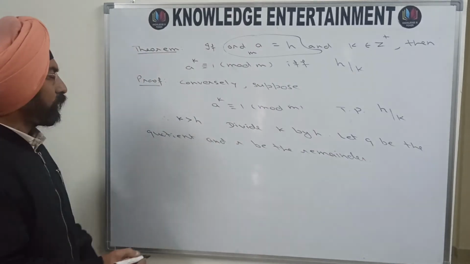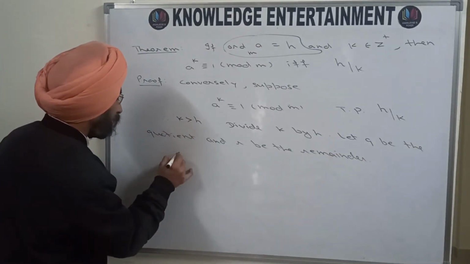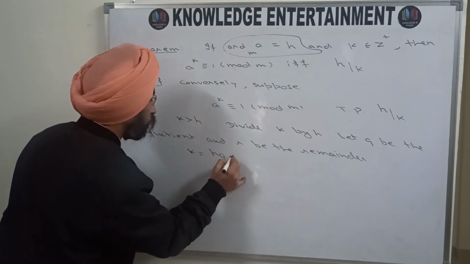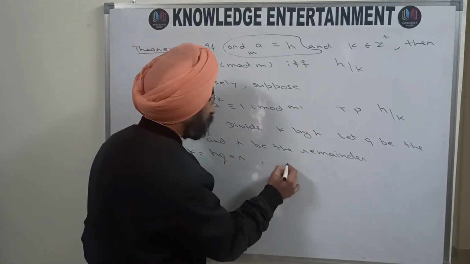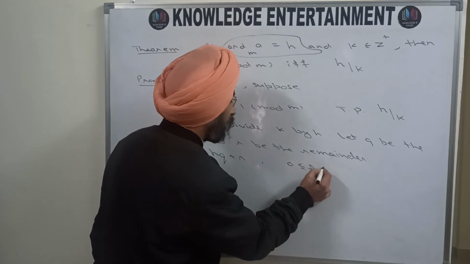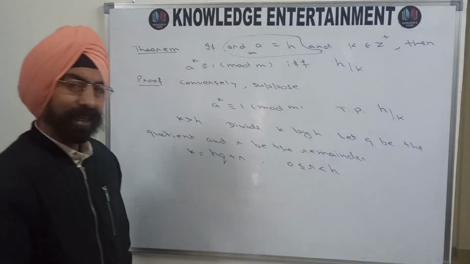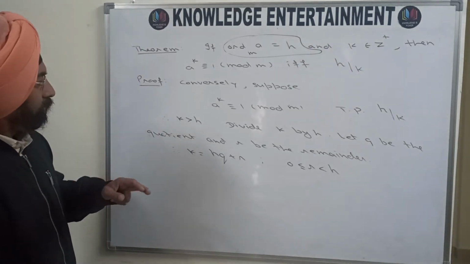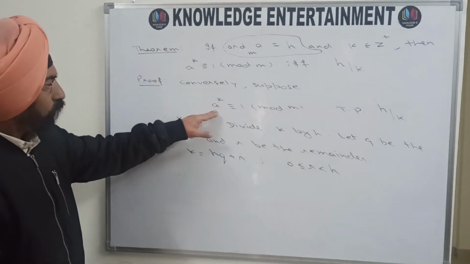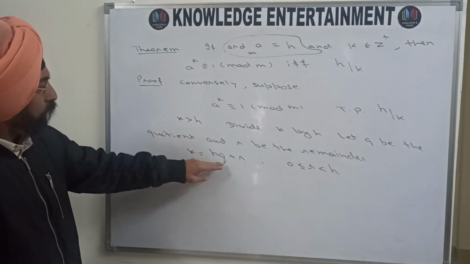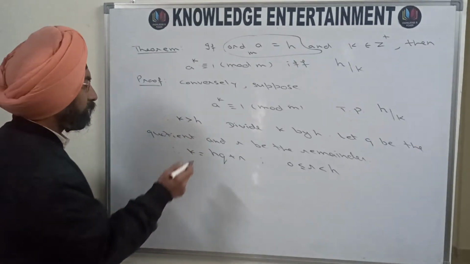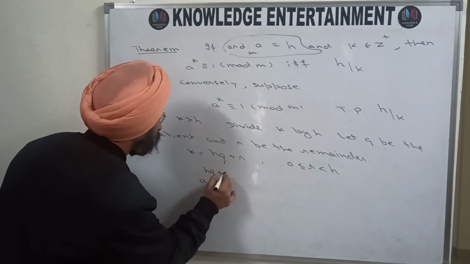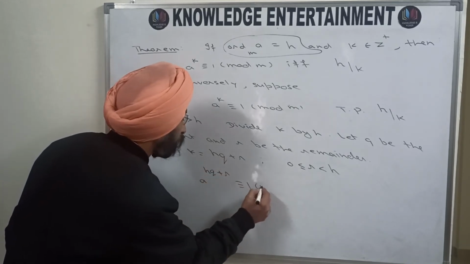Then by the division algorithm, k can be written as hq plus r, where 0 is less than or equal to r, which is strictly less than h. By the division algorithm, we can write it. We are given a raised to the power k is congruent to 1 modulo m. So substituting the value of k, we can write a raised to the power hq plus r is congruent to 1 modulo m.